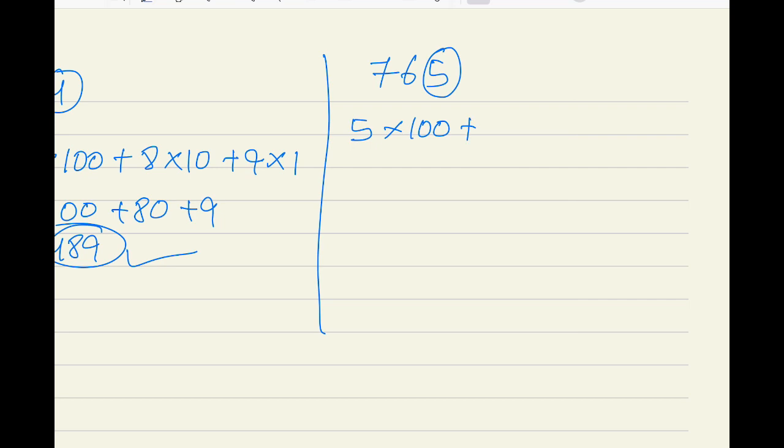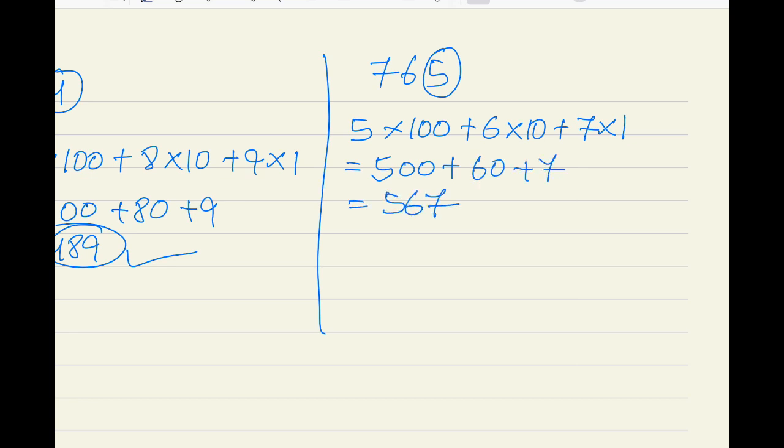Then plus the digit that is at the 10th place, here it is 6, so 6 multiplied with 10. Then find the digit that is at the 100th place, here it is 7. So plus 7 into 1. So you can find 500 plus 60 plus 7. So it is equal to 567, which is the reverse of 765.